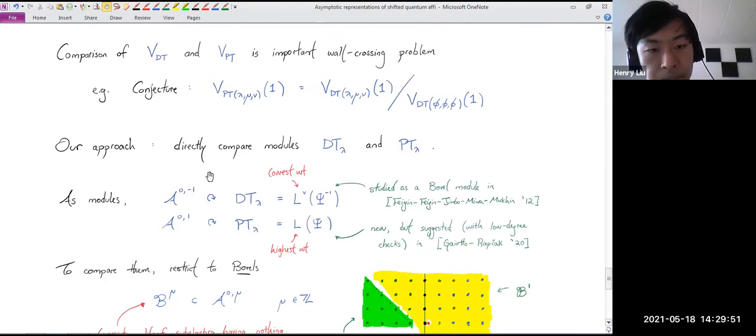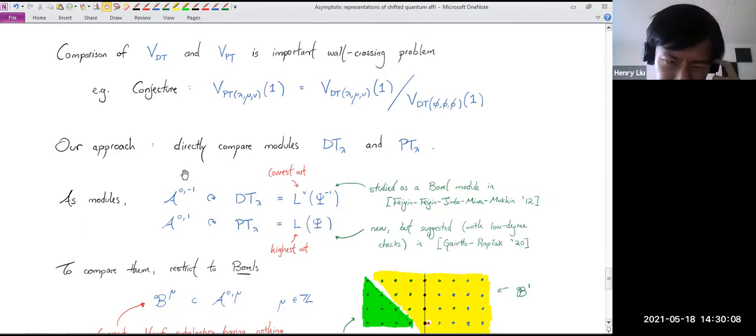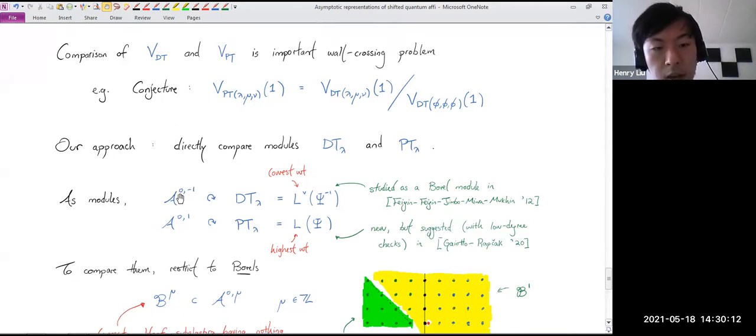And so you can do that computation. And what you'll see is that the DT module will be a lowest weight module for a shifted quantum toroidal GL1. And the shift will be a -1 shift. Here, I guess the notation is not super important. Maybe I'll remind you that in principle, there can be two shifts happening.